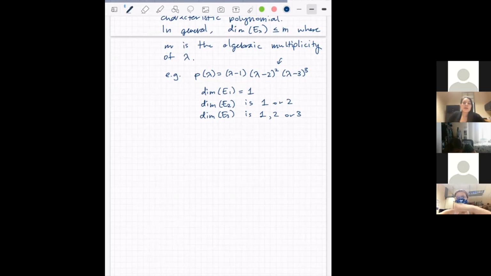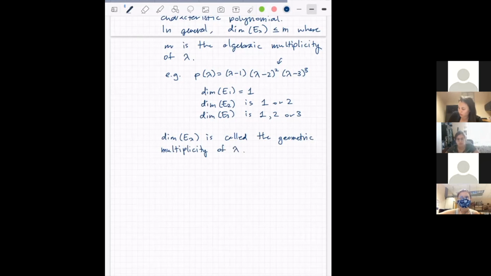Okay. And then whatever the dimension ends up being of the eigenspace is what we call the geometric multiplicity, right? So the dimension of E sub lambda is called the geometric multiplicity of lambda, right?